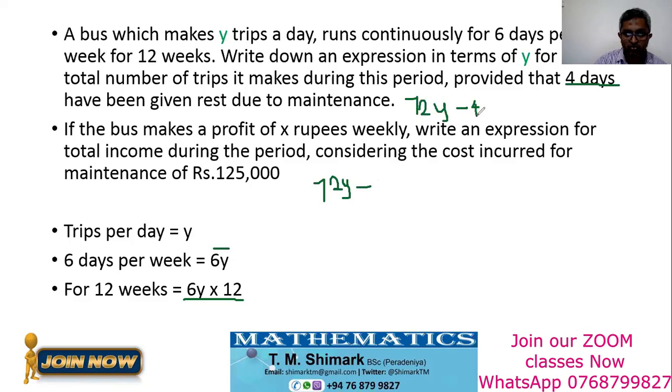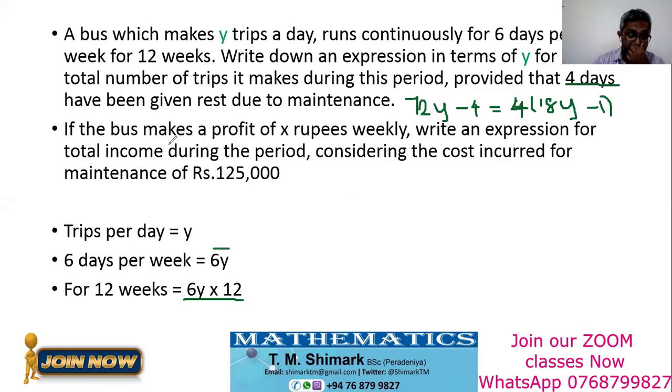So this one I can also simplify if you want. 4 I can take out. It's going to be 4 times 18y minus 1, because we studied factorization, so you have to use factorization.